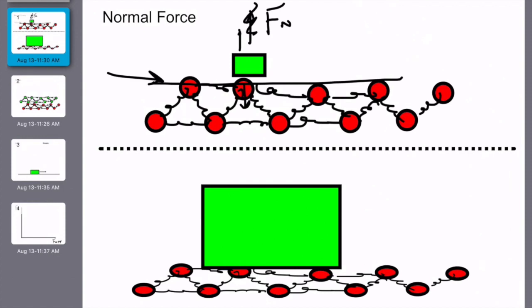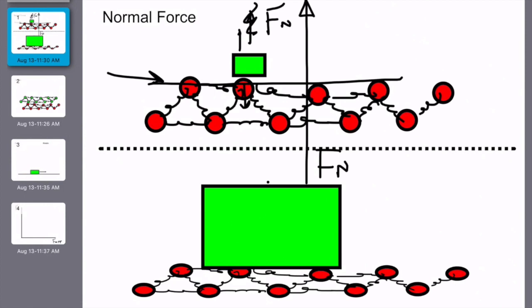Whereas if I put a big one, it squishes it more, and to compress those springs, there's a whole lot more force pushing down on the springs, and this would have a much bigger normal force. In other words, the surface is pushing back harder.